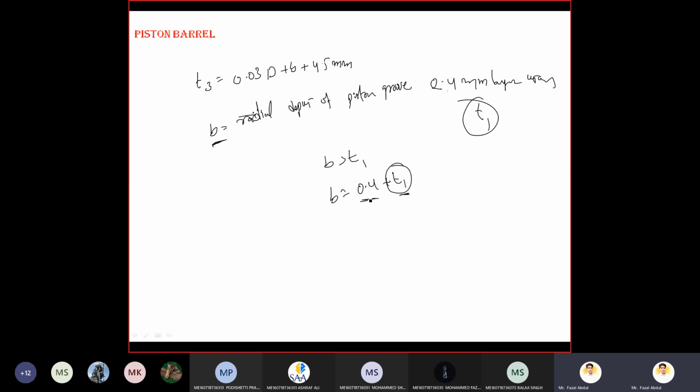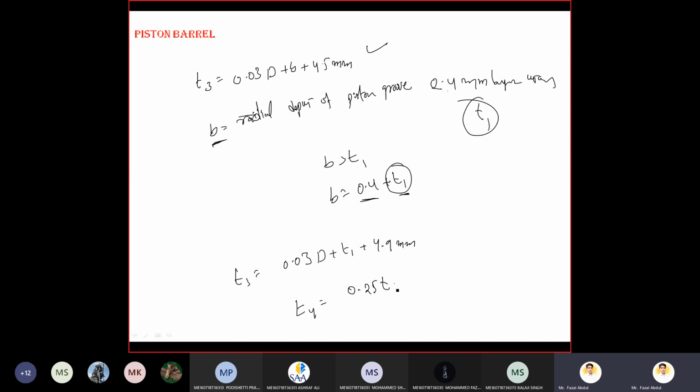With this relation we can find an alternate relation to calculate the T3 value, that is T3 is equal to 0.03 D plus T1 plus 4.9 mm. The piston wall thickness T4 towards the open end is decreased, and it should be taken as 0.25 into T1.